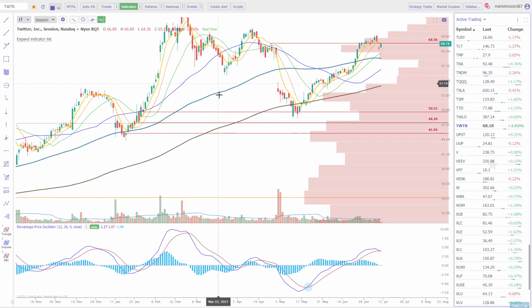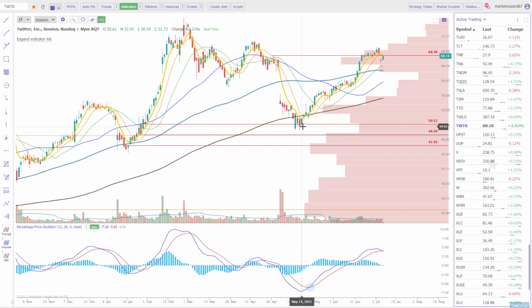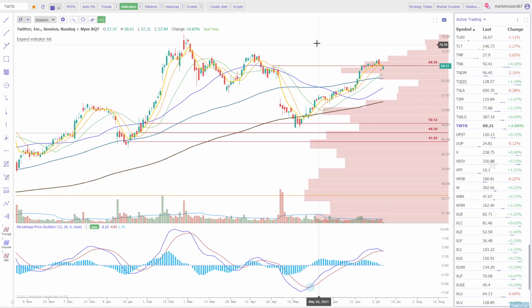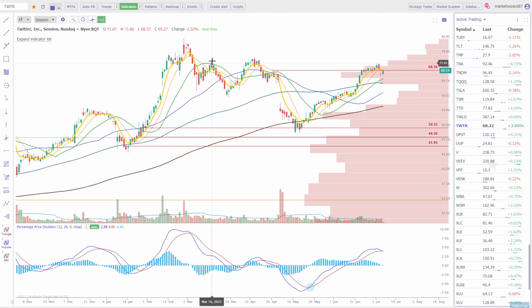But these gaps that are left open, it's the only reason I'm down here talking about this, are all still kind of unfilled. So we came in off this correction, which you could argue is some type of WXY correction. I'm not really here to talk about Elliott wave. I'm just here to talk about how to identify supply and demand. When you got this correction into this gap, we only filled one gap.